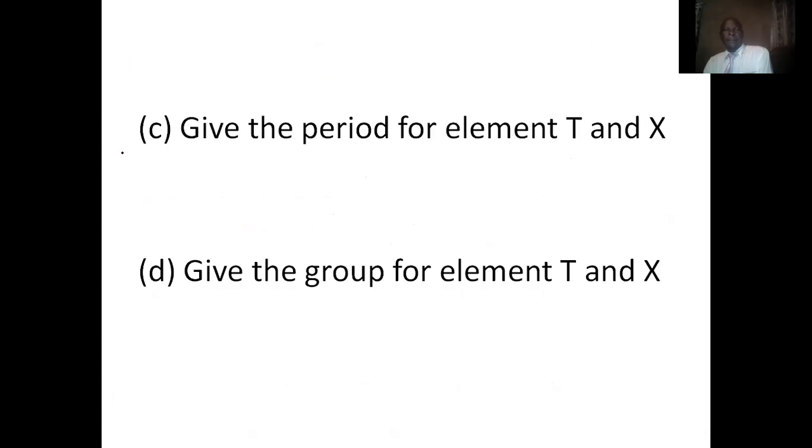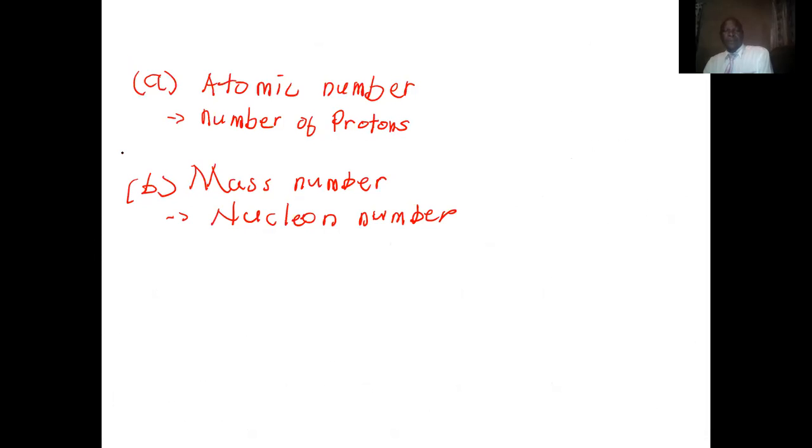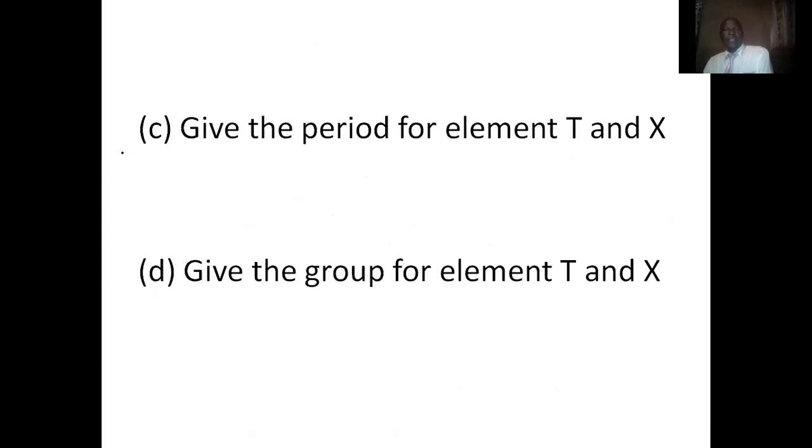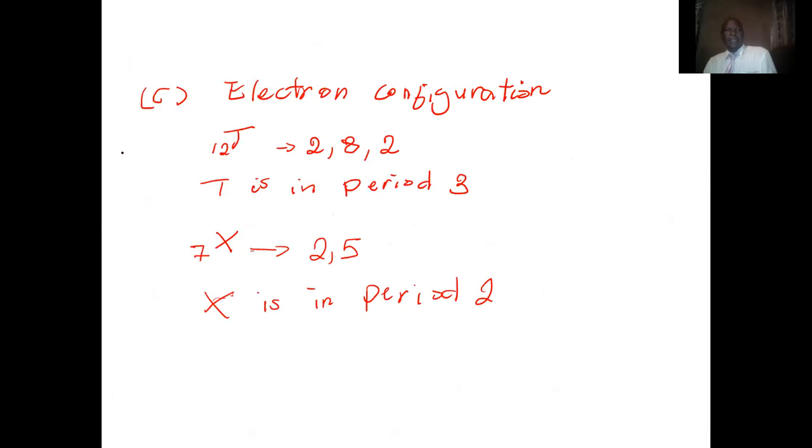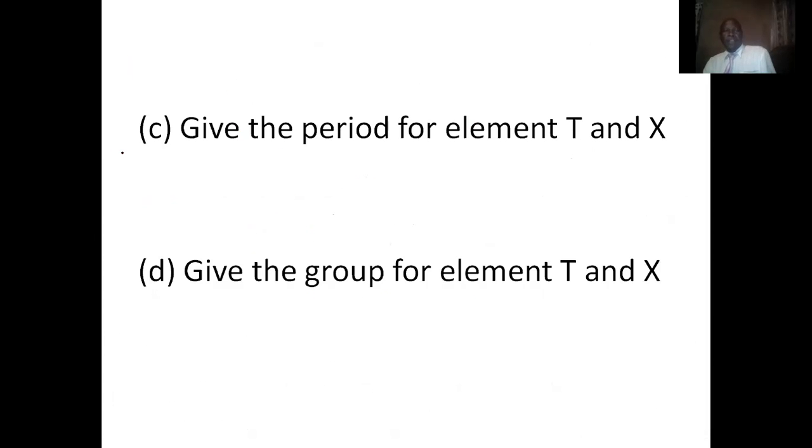Okay. So we have done this one. Give the group of the elements T and X. So for the group, we look at the number of valence electrons, the number of electrons in the outermost shell.